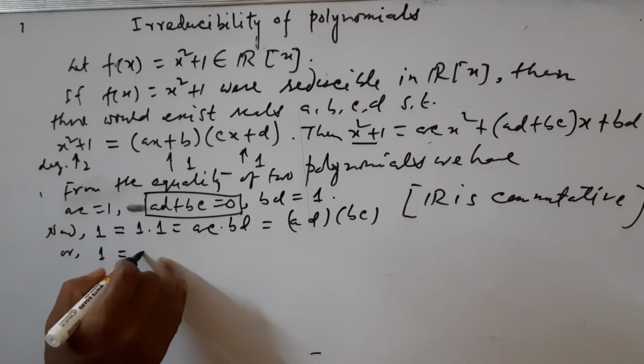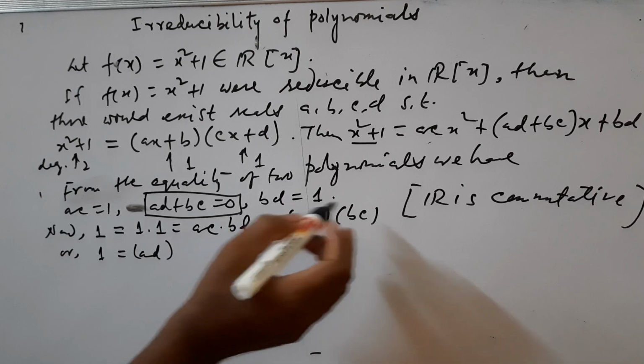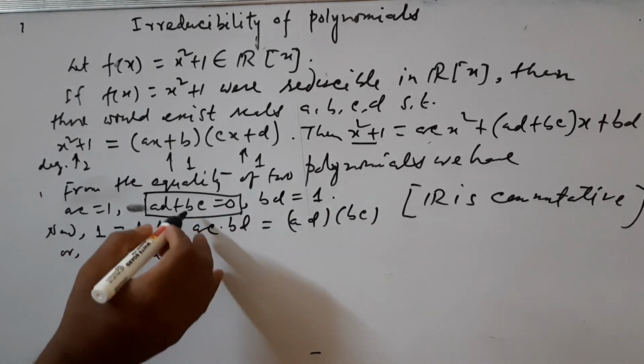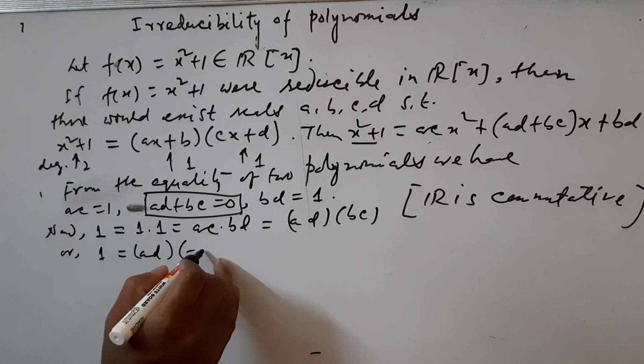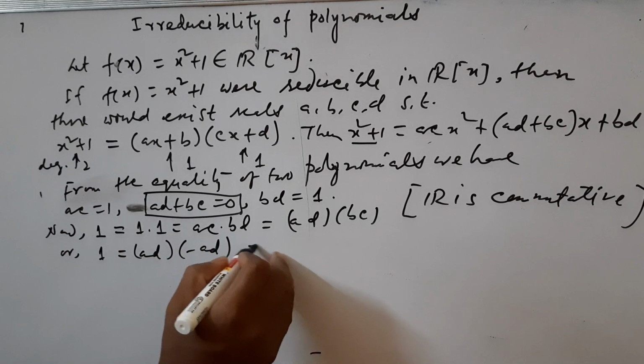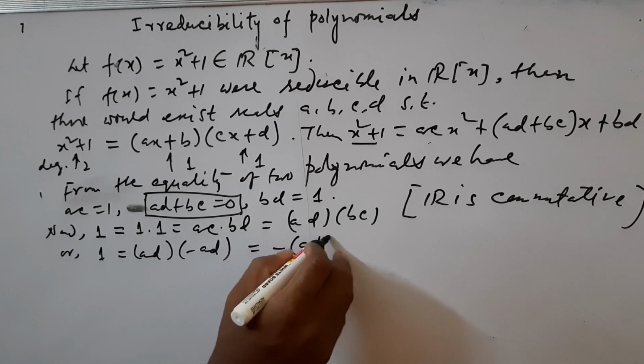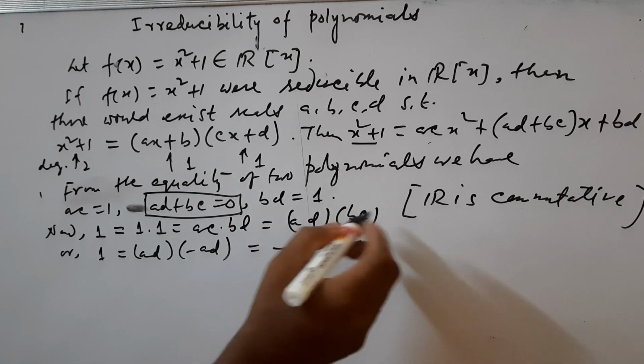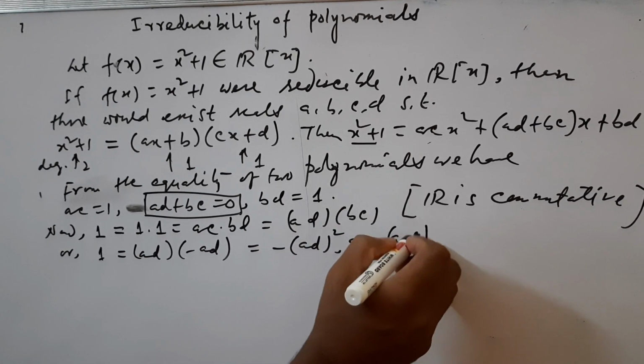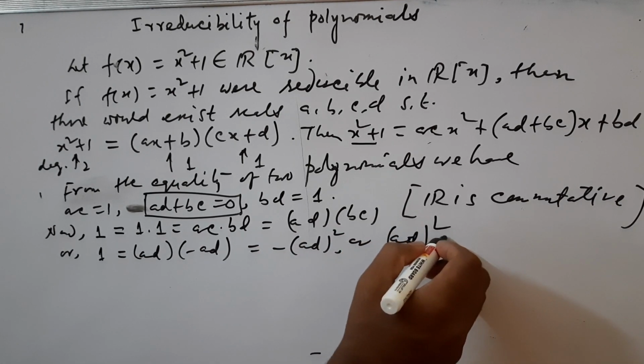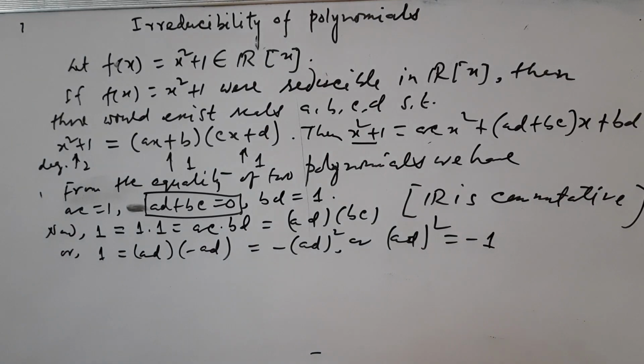We leave ad as it is, and for bc we put minus ad, so we get minus (ad) whole square, or (ad) whole square is equal to minus 1.